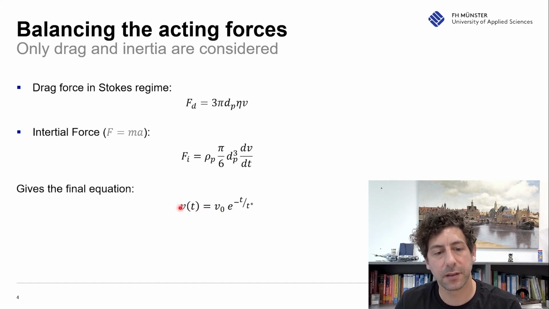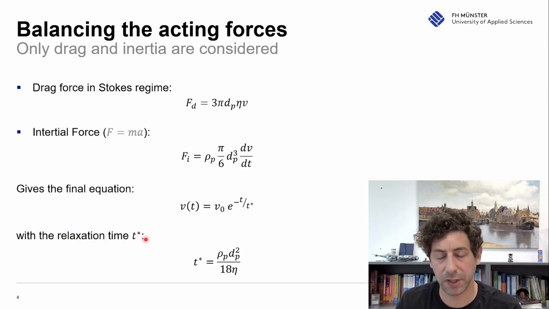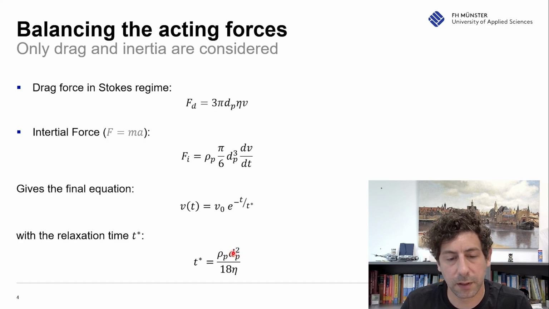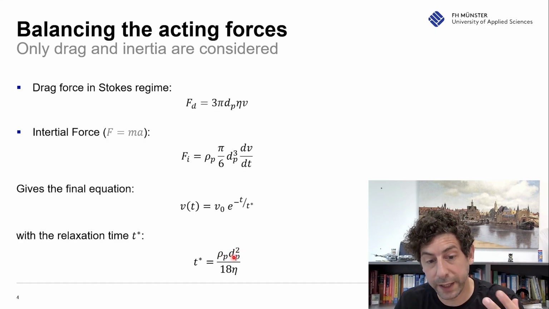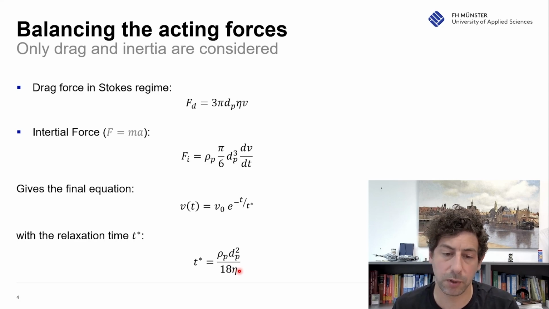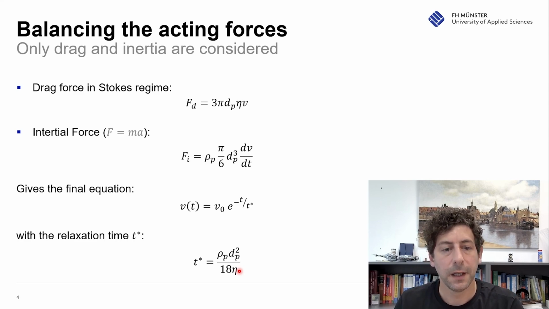And this equation gives the velocity as a function of time. It depends on the starting velocity, the variable t, and t star, and t star is the relaxation time or also characteristic time, and this is basically the density of the particle, the size of the particle, which goes to the square, and then we have also the viscosity of the fluid around, which is air, so the gas viscosity in this case. So this is basically the equation we have to solve with the numbers we have.